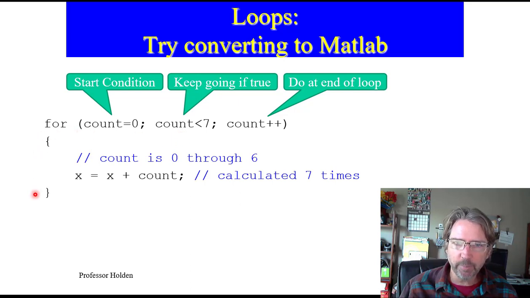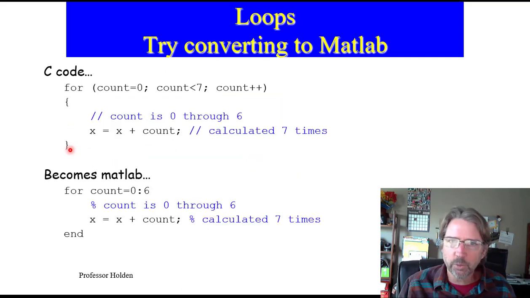And then we have curly brackets because it's C, and whatever is done in the curly bracket does every time through the loop. So if we look at this same C code that we saw before, we can convert it to MATLAB. If you're more familiar with MATLAB, we have a for statement, and then we just define the count here going 0 through 6 in MATLAB, and we have the code to execute, and end is the end of the loop.